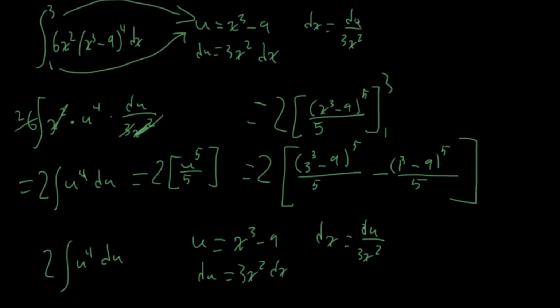Reason being, these bounds are with respect to x. If u is reassigning what our variable is and what we're taking the integral with respect to, so now if we're taking it with respect to u, we want what our initial x values were in terms of u, which is what this does, completely converts it. So plug this into here, plug that into here.